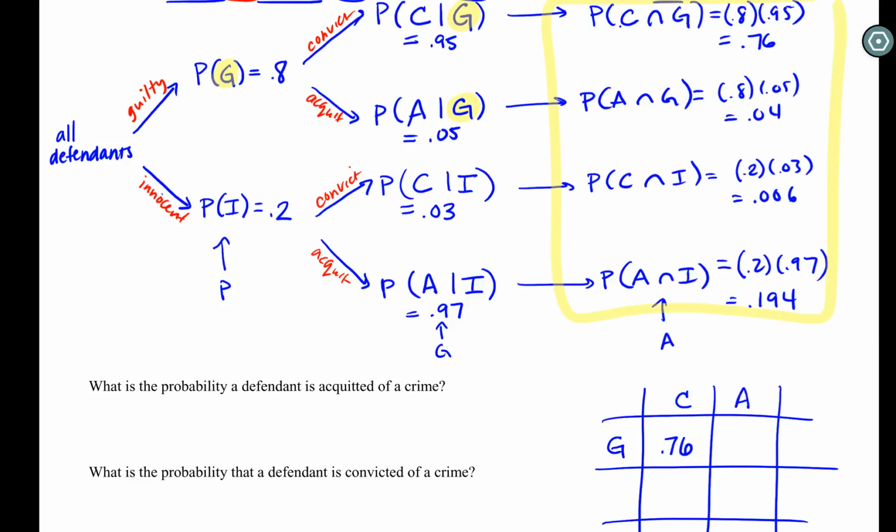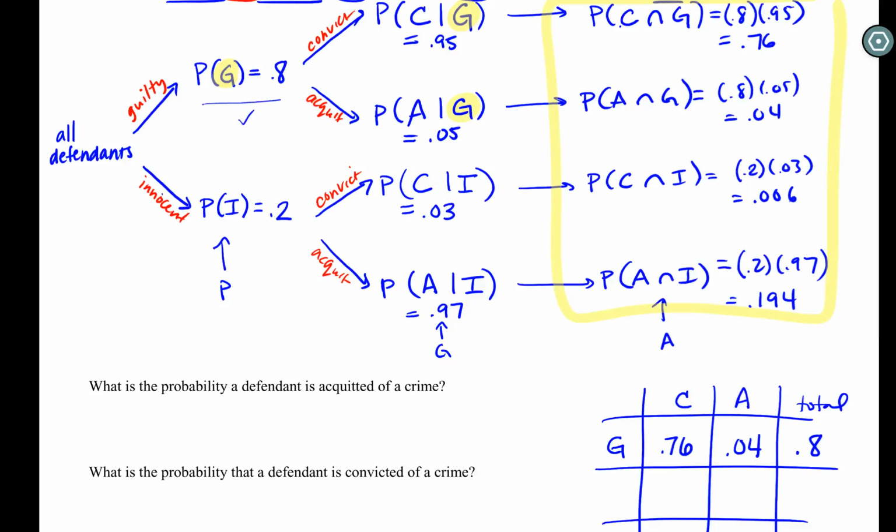Yes, convicted and acquitted are opposites. So this is 0.04. And if we add those together, we get the total percent of guilty people, which was 80. And we can double check our work here, like, oh, sweet.